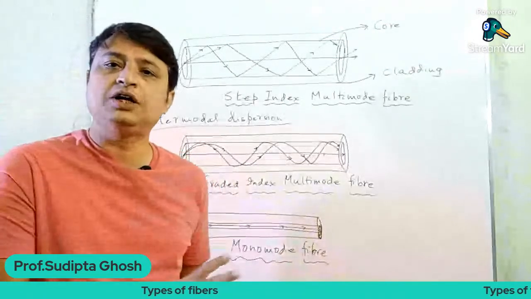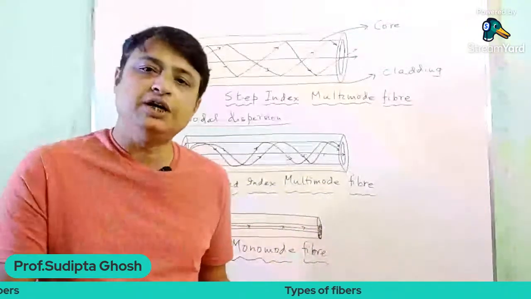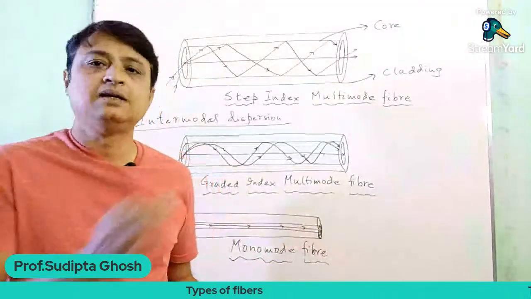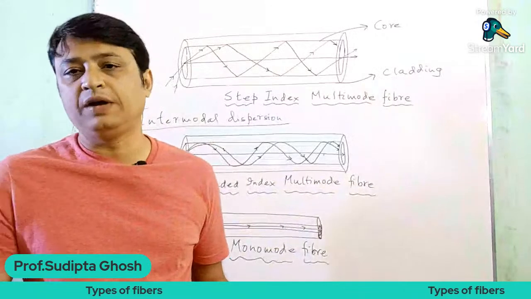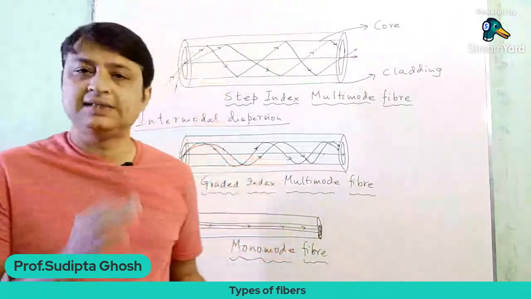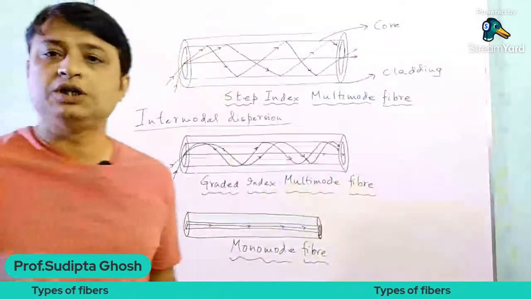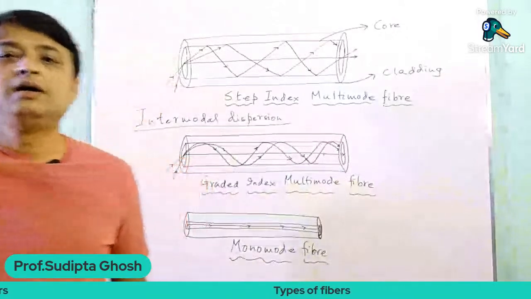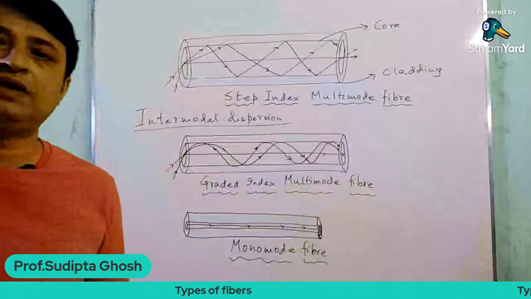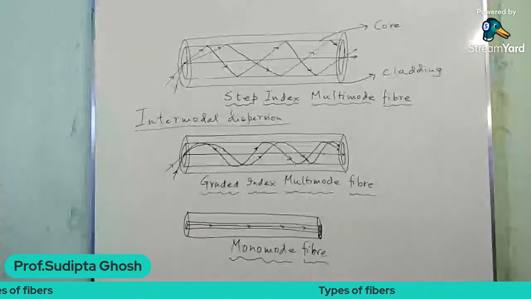Which fiber is not used? The step index multimode fiber is not used for long distance communication, because serious intermodal dispersion occurs here. Now, I have already explained that the transit time difference, or the intermodal dispersion, is reduced in the graded index multimode fiber.